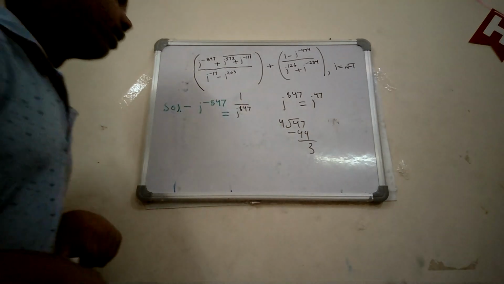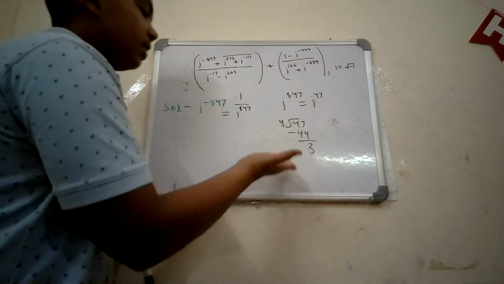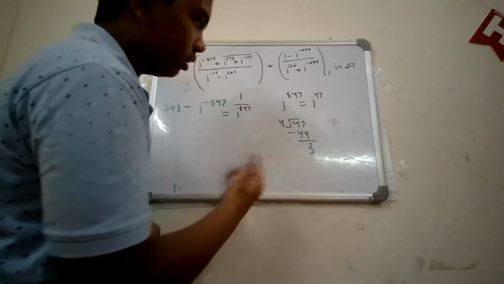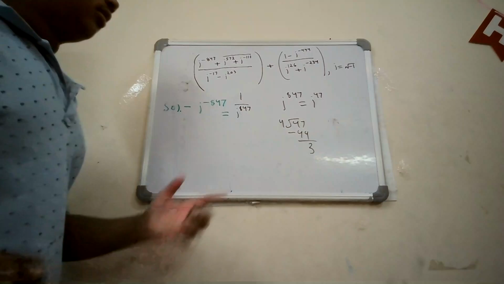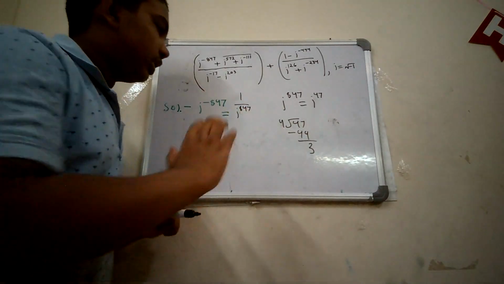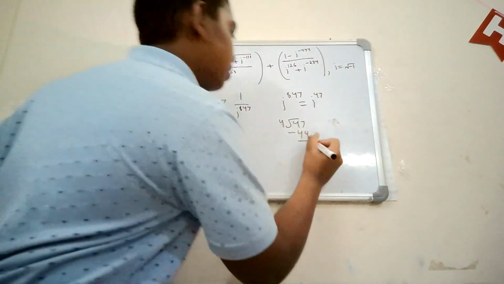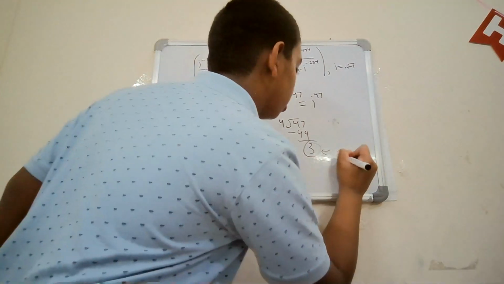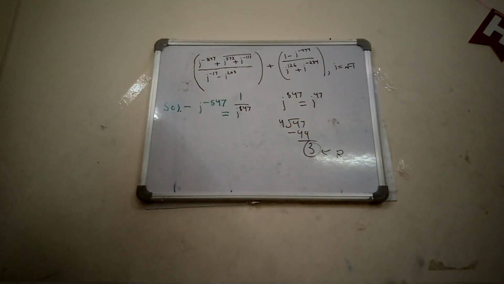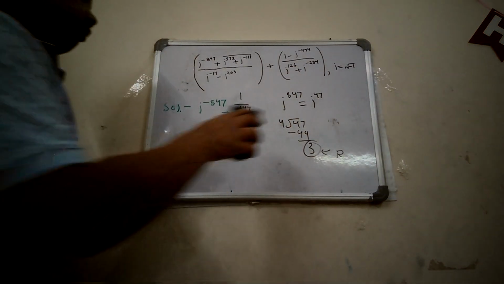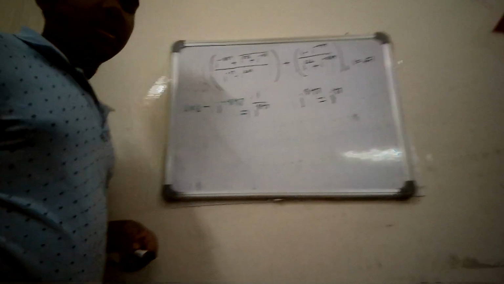Since we can't do any more divisions, because 3 is less than 4, we stop here. We see that this is the remainder. So we go back here and put this here.